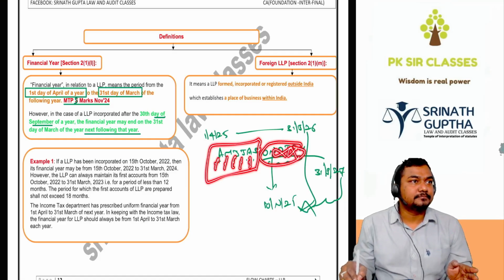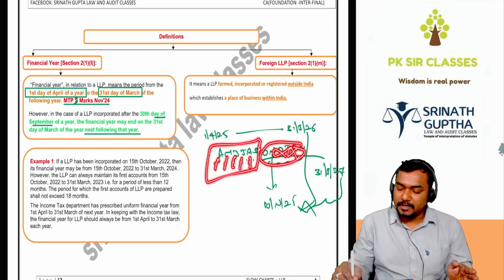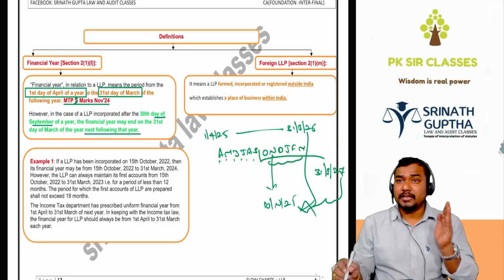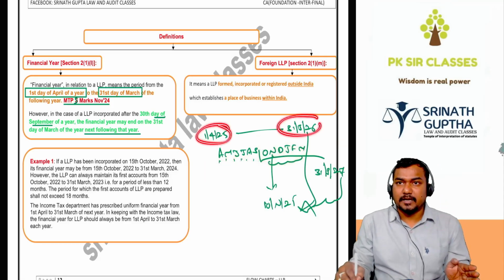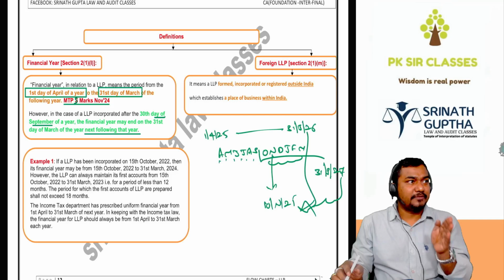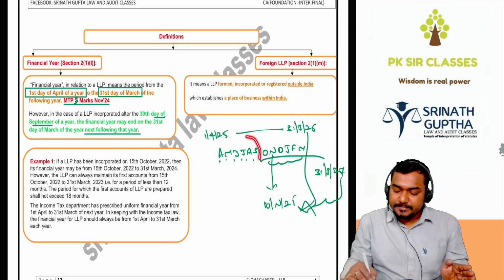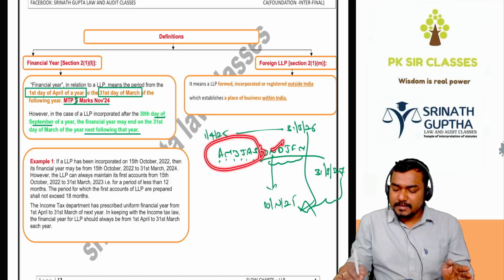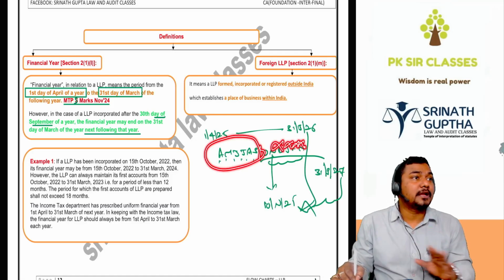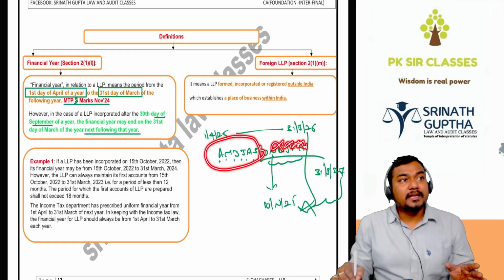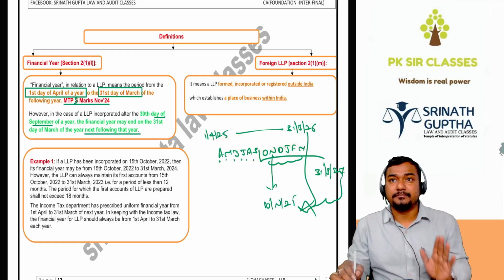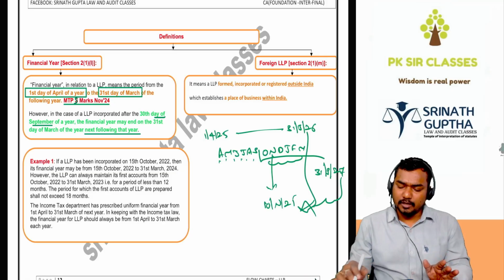For them, the financial year starts from 1st April of the next year. The general financial year means 1st April to 31st March. However, if an LLP is registered after expiry of the first 6 months, those months should not be counted as a financial year. That means the financial year should be more than 182 days. Clear?